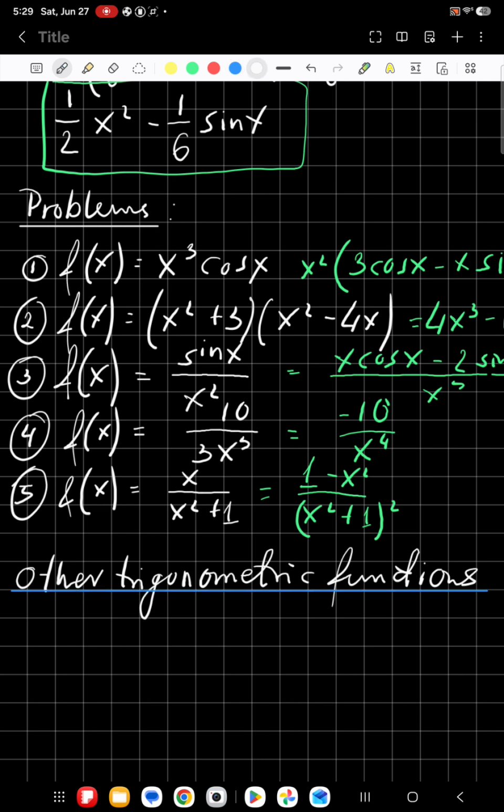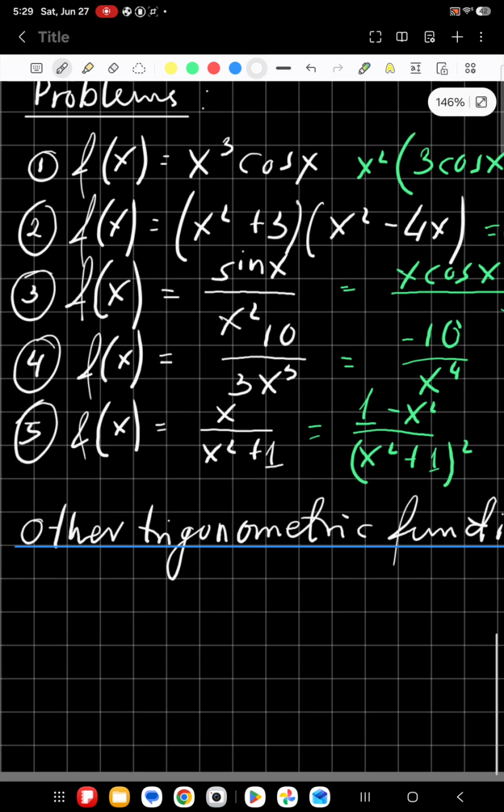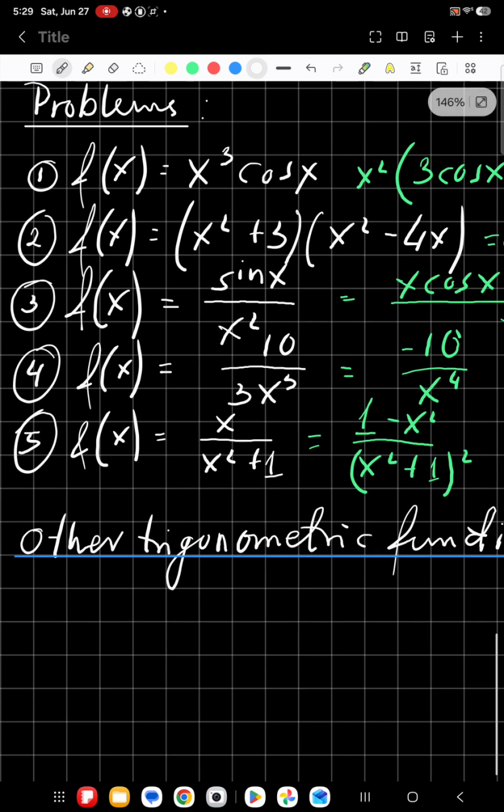Let's try to figure out what the derivative of tangent is. Let's name it example 1, and we need to find the derivative of tangent.